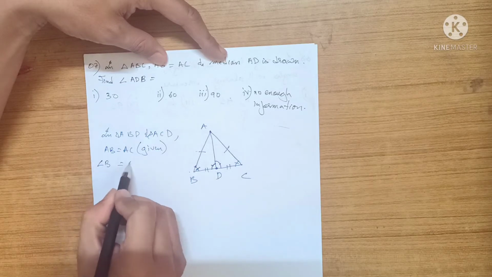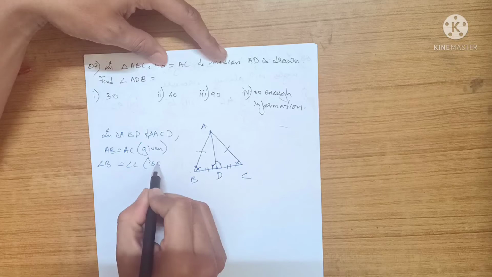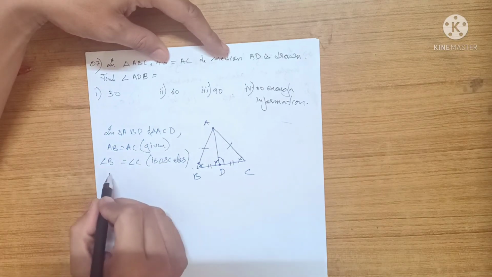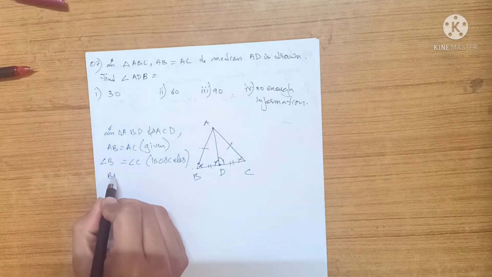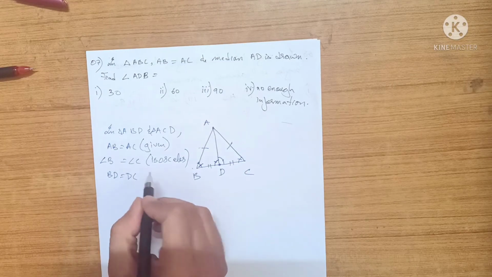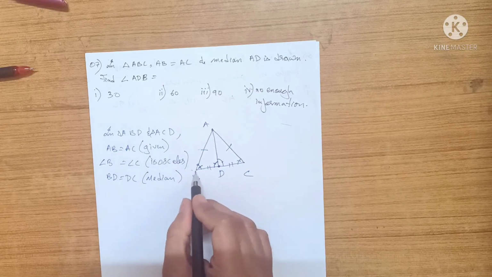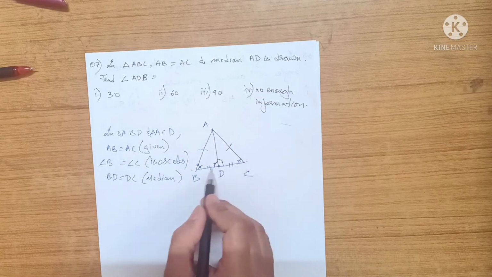Angle B is equal to angle C, isosceles triangle, right? And then BD is equal to DC, median. Since it's a median, it will be the midpoint, so BD will be equal to CD.